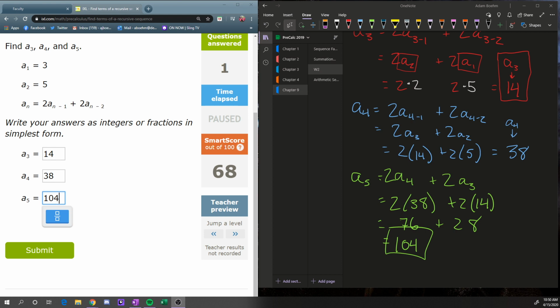So all of this isn't specific. I want to know exactly where you're having trouble with this. I personally don't think we're going too fast. This recursively defined stuff is just summing terms before the term that we're looking for.